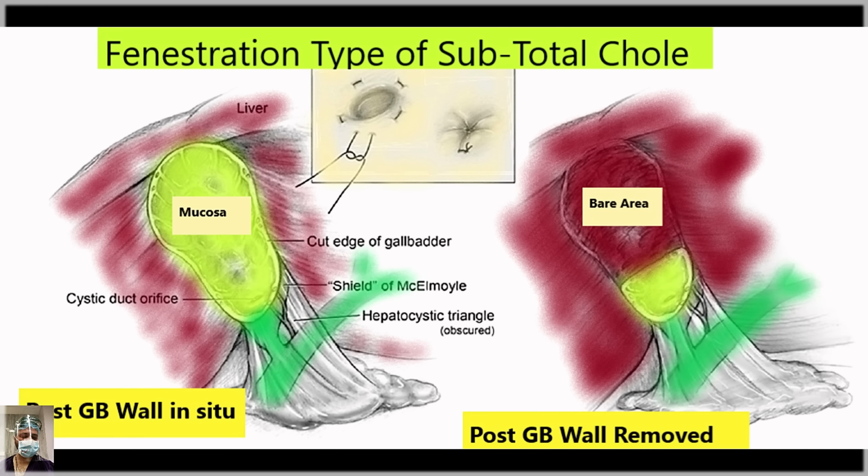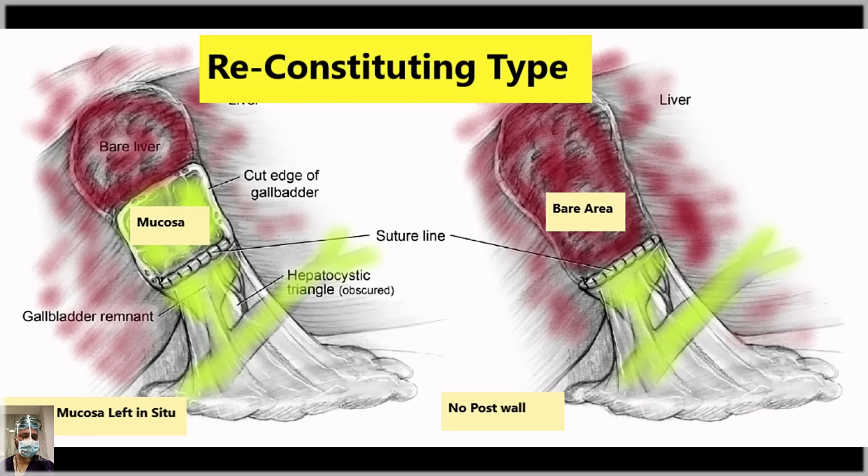Again, in the fenestrating type, we are keeping the GB lumen open and ligating the cystic duct from inside. In the reconstituting type, we are creating a longer lip and opposing the two walls. So in the reconstituting type, the chance of biliary fistula is less, but there is a possibility later on of recurrent cholecystolithiasis in the GB remnant, though we don't have any hard data on this, and which technique should be preferred, we don't have any answer.